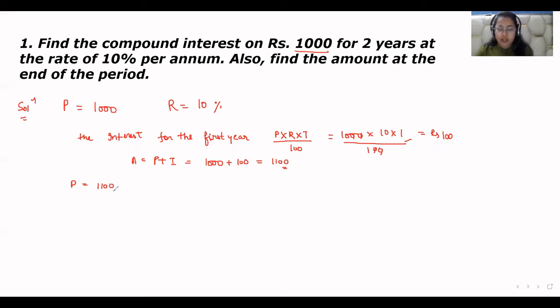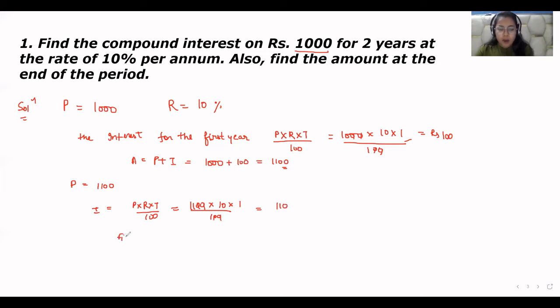So your principal is 1100 and your interest for the second year is: put the value 1100, rate is the same 10% and the time for the second year we'll take as 1, because we already found the first. Solving it, 11 multiplied by 10 multiplied by 1 is 110.